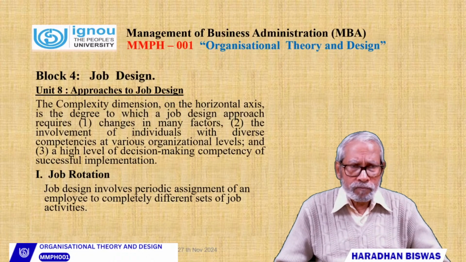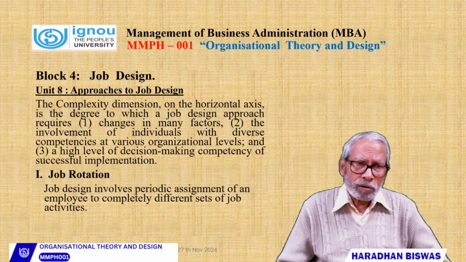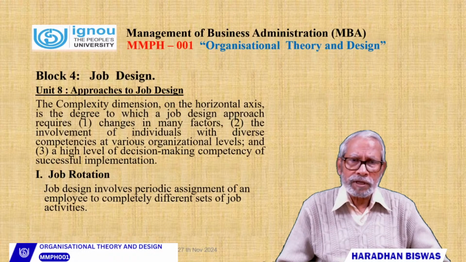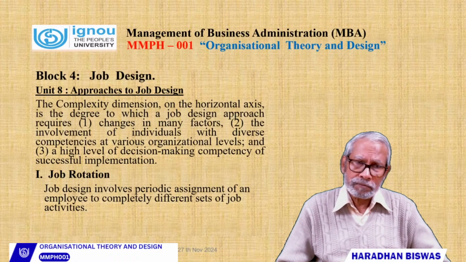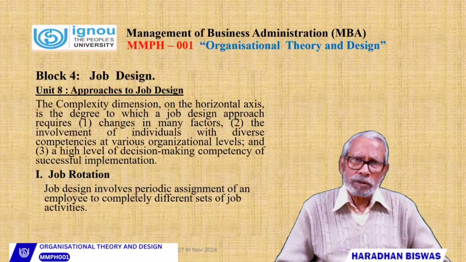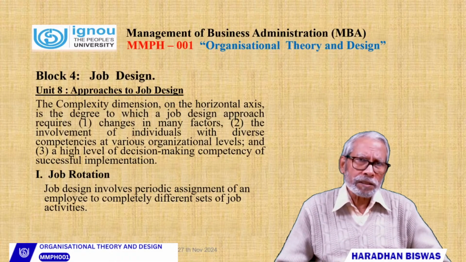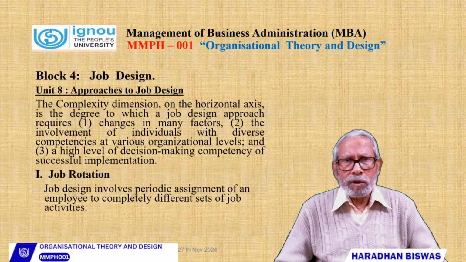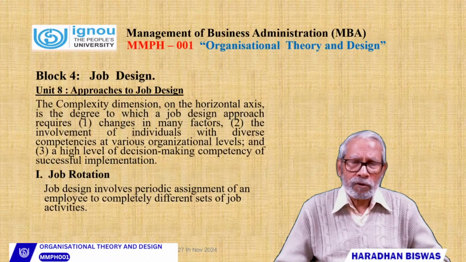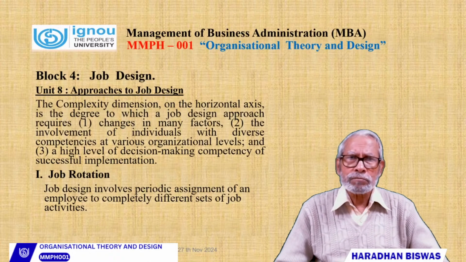Job rotation. Job rotation basically, you see, the design involves periodic assignments of an employee to completely different sets of job activities. Maybe for 15 days or for 1 month, in one particular section, he has to get an overall idea, multidimensional ideas he should have. So for that, maybe he is assigned for 1 month to the finance department, so that he is aware of all the financial activities.